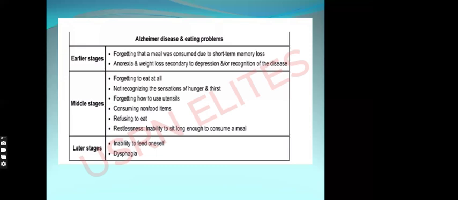Don't confront the patient, or tell the patient that I just served you food 5-10 minutes ago. I mean, don't do that. The patient will insist on what he or she is saying, and it's not his or her fault.